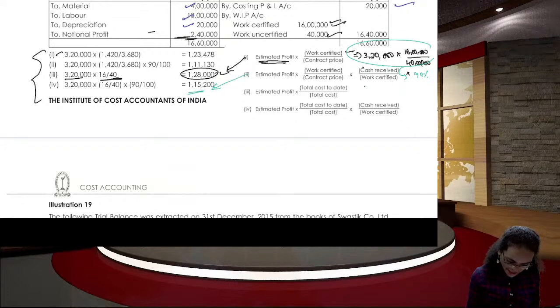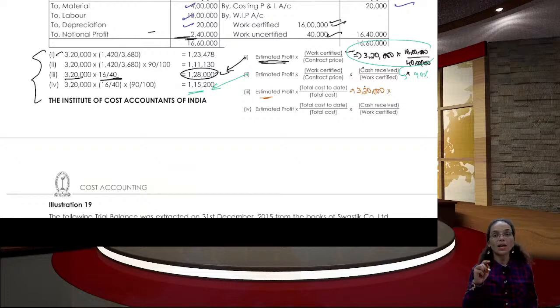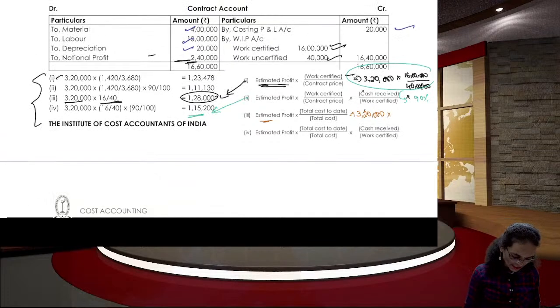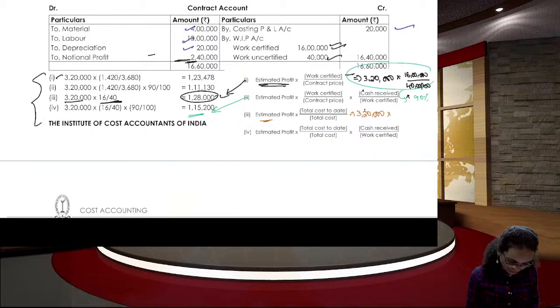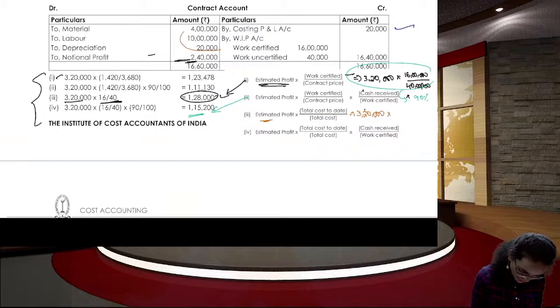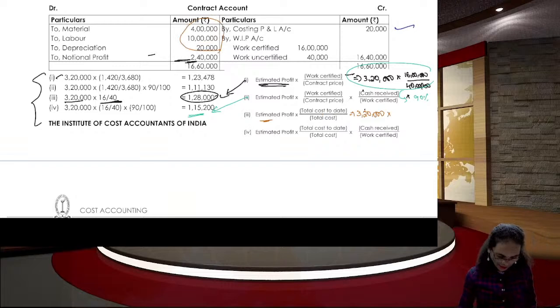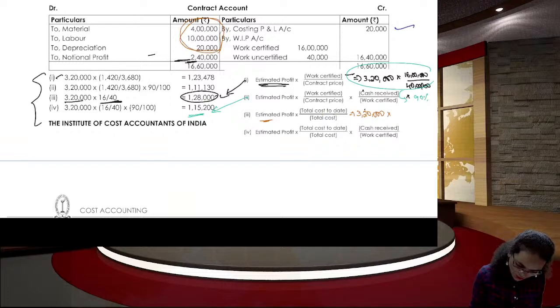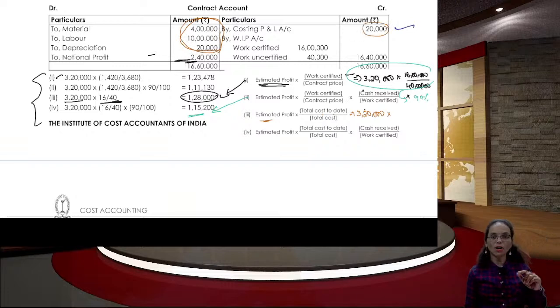Next one, estimated profit. You know what is the estimated profit? 3,20,000 into total cost to the date. As of now, what is the cost we have incurred? The cost as of now we have incurred is this one minus this one. This is the total cost we have incurred, but here 20,000 belongs to the costing P&L.